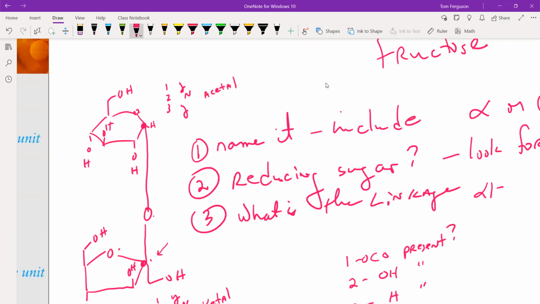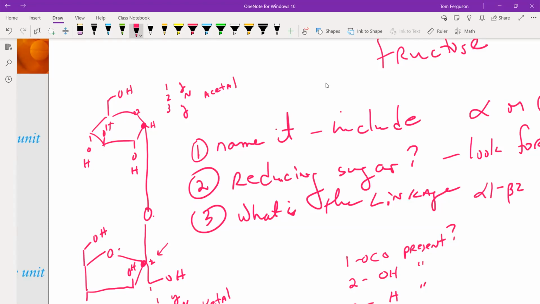Down here, because the OH is going up, it's going to be a beta. And it's on carbon number 2, because this is carbon 1, carbon 2. So on 5-membered monosaccharides, the anomeric carbon is carbon number 2, not 1. So the linkage is going to be alpha 1, beta 2.